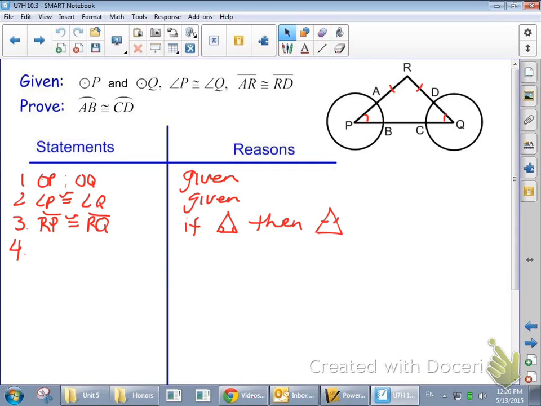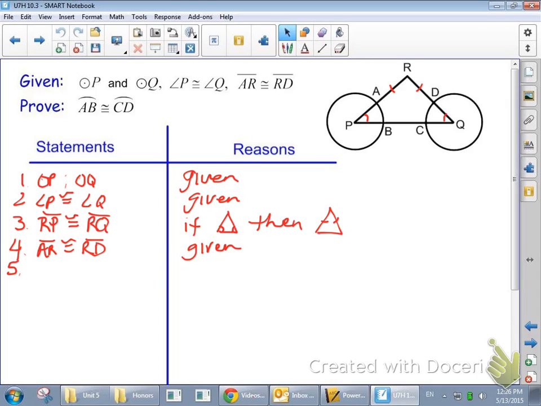Next, we're going to use our next given, that AR is congruent to RD. That was our given.